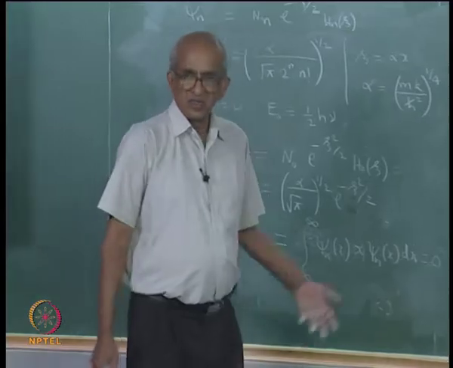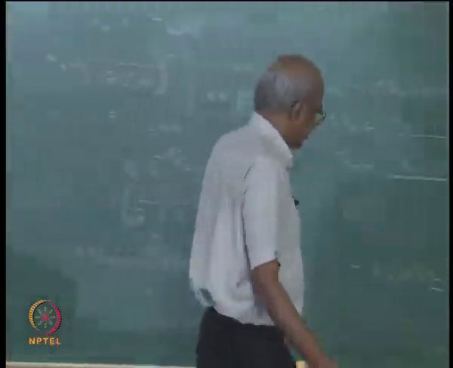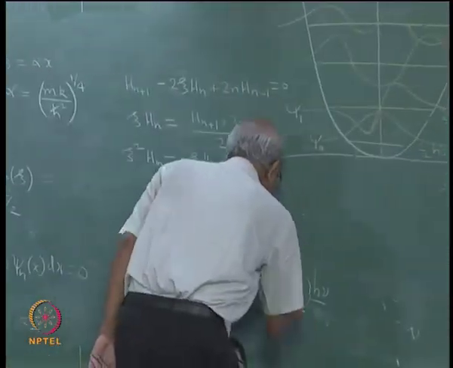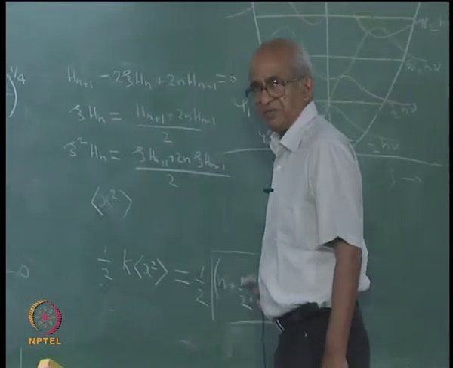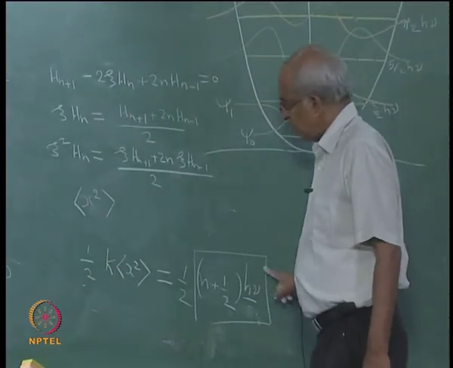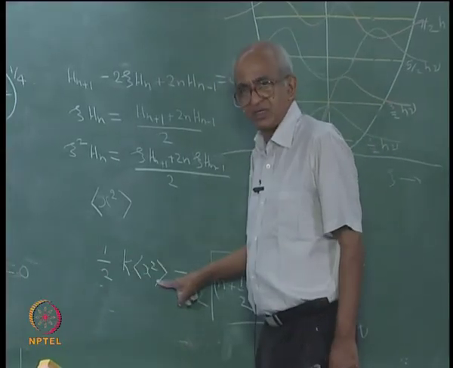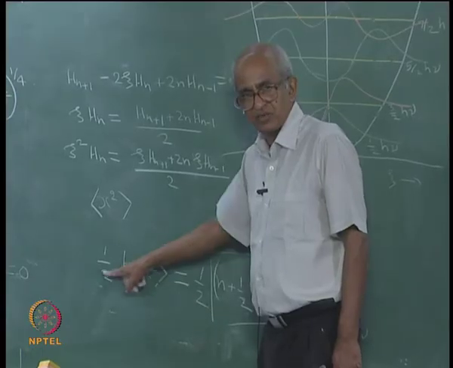That is the way in which you can write this. You see, this is not very surprising, because n plus half h nu is the total energy of the system, half k x square is the potential energy, average value of potential energy.